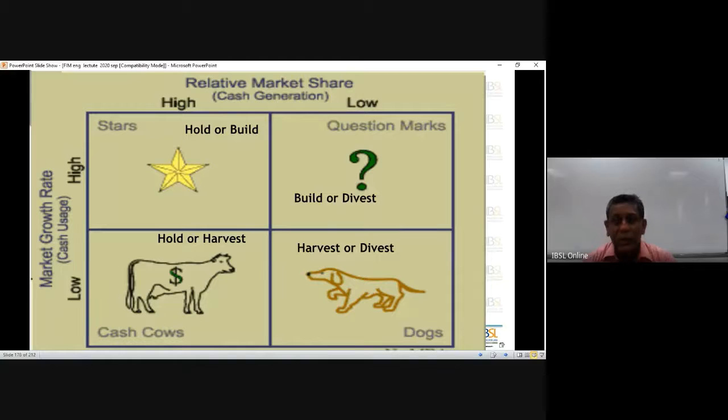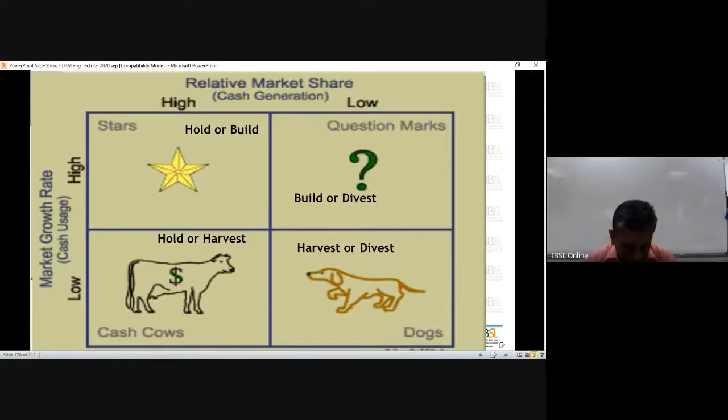Now, having understood the type of products falling into your quadrants, you can take some strategic decisions. That is what we call here hold or build. Suppose your product comes under the star category, you can use strategies to keep the product in its current quadrant.